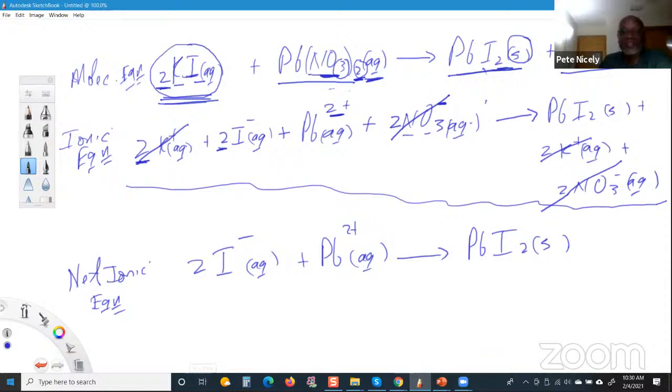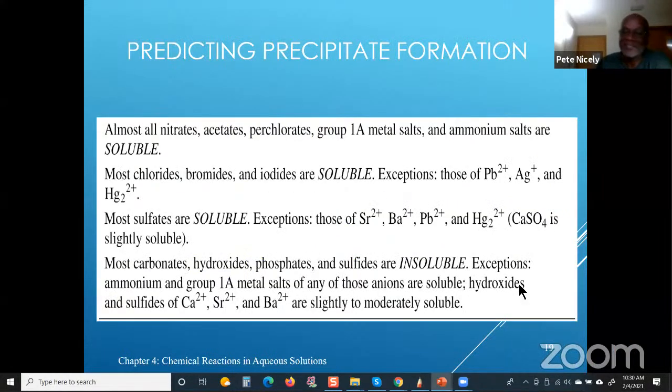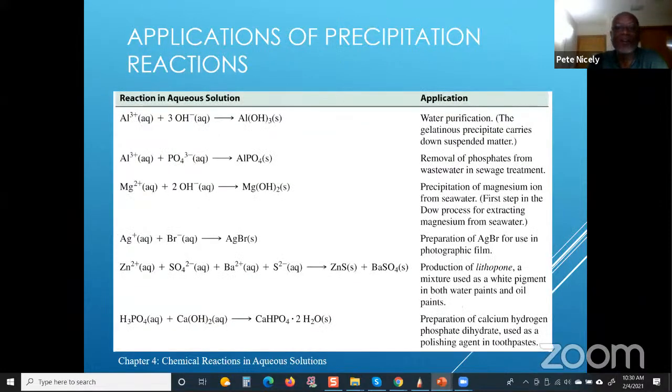Okay, so moving along, let's see what we have left to discuss in the last 15 minutes of this class. Oh, okay, so this is just a list of different precipitation reactions and their applications, right? So I won't go through all of this. I will just point out, for example, the first one, where the precipitation of aluminum hydroxide is applied to situations where you want to purify the water.